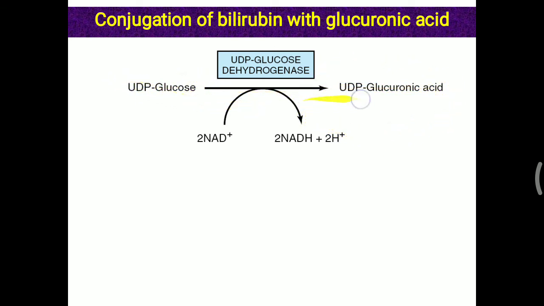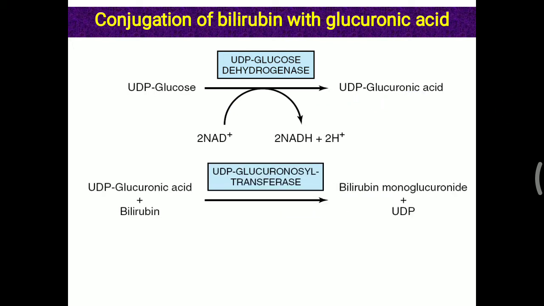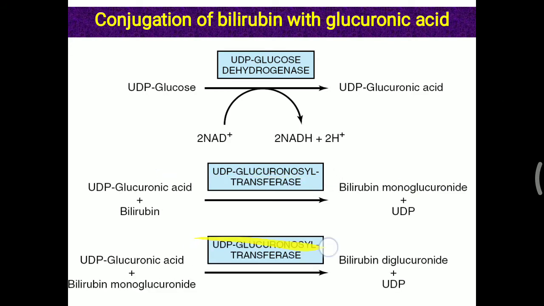Now this UDP glucuronic acid will attach over the bilirubin to make bilirubin monoglucuronide, by the UDP glucuronyl transferase enzyme. Now the same enzyme attaches one more glucuronic acid, making bilirubin diglucuronide, called conjugated bilirubin or direct bilirubin. That is finally excreted from the liver and stored in the gallbladder, and from the gallbladder it is secreted into the intestine.